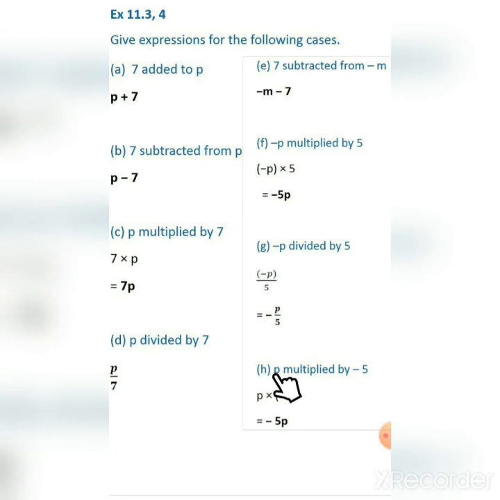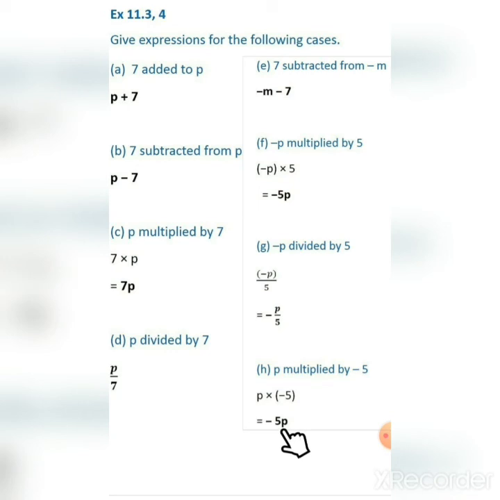Now last is p multiplied by minus 5. P multiplied with minus 5. Again minus 5 will come in front and then p, so minus 5p.